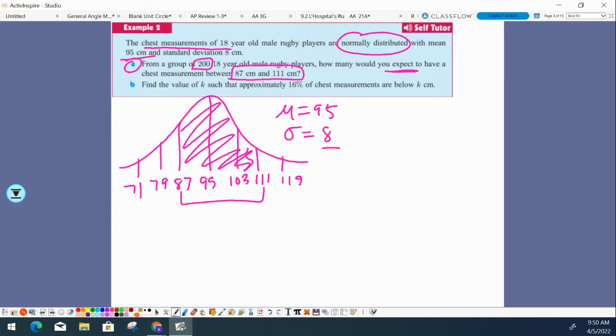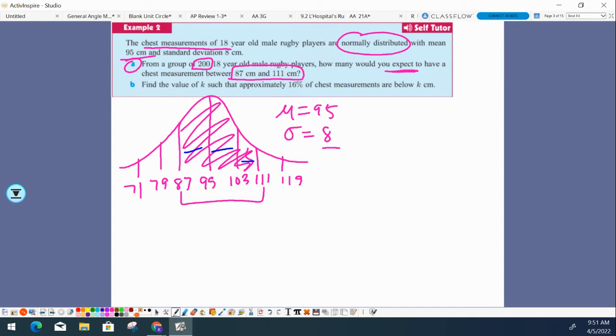So if I add, I know this is my 34.13, this is 34.13, and then we also have the 13.59.